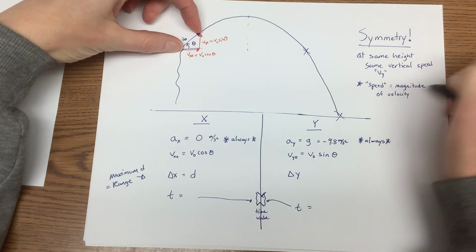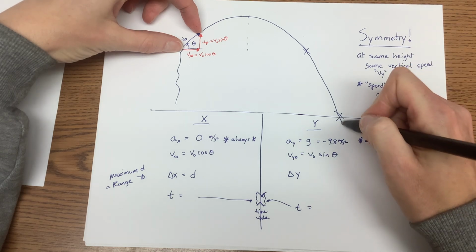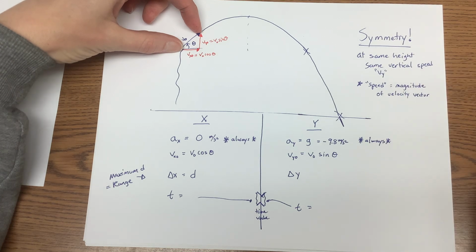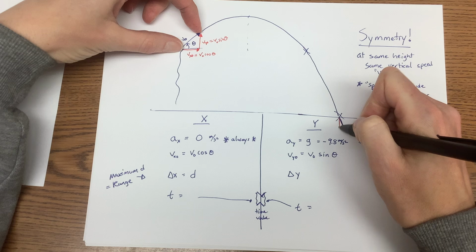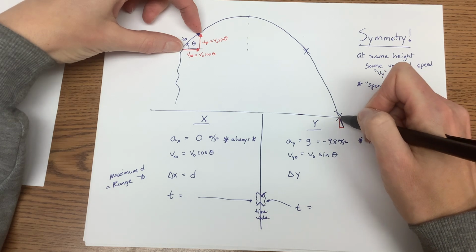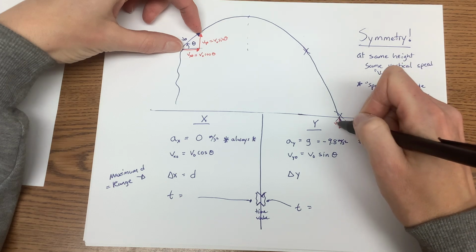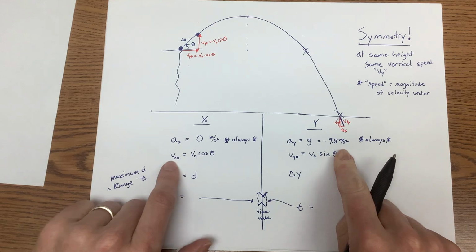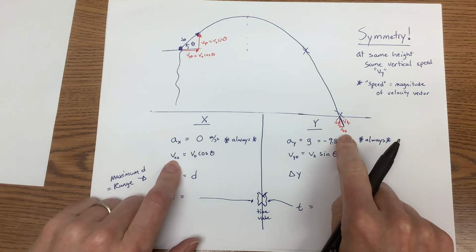Okay, so if it says, with what speed does it hit over here? It's asking you to find what VFX and VFY are, and then find VF. Does that make sense? VFY, VFX. And since VX isn't changing, it's just going to be the same number.